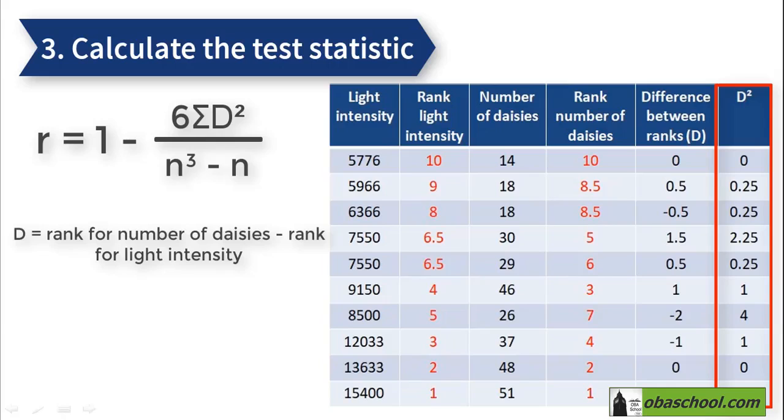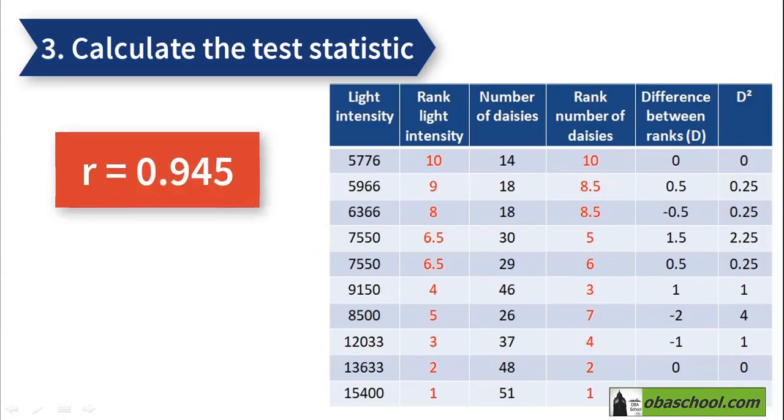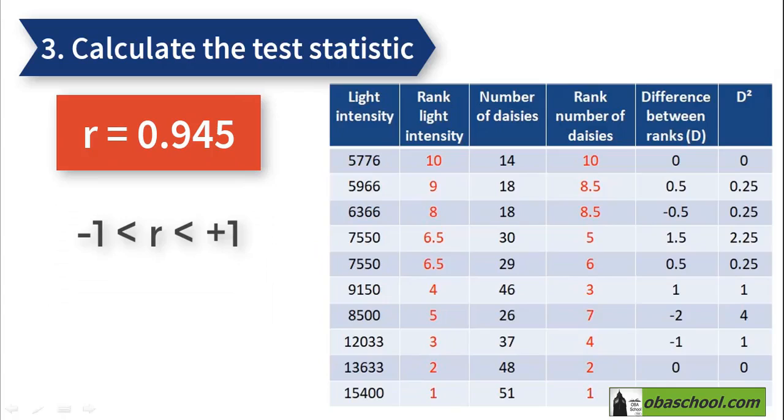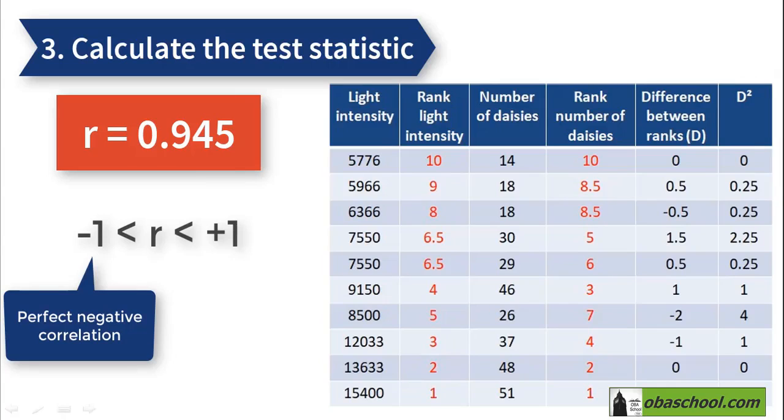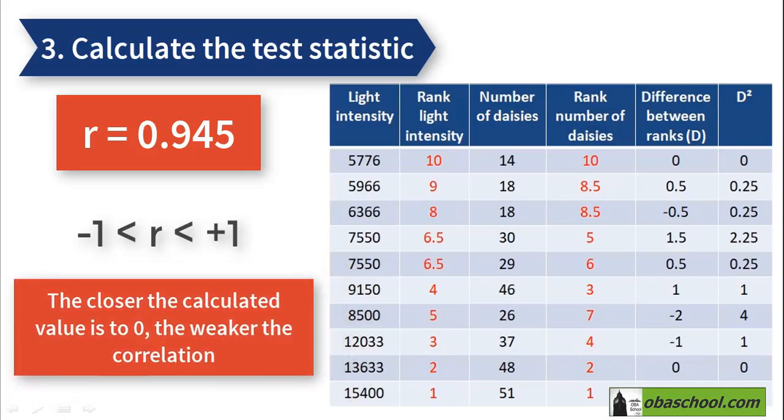So the answer is 0.945. Note that the correlation coefficient will always be between minus 1, which is the perfect negative correlation, and plus 1, which is the perfect positive correlation. And the closer the calculated value is to 0, the weaker the correlation.